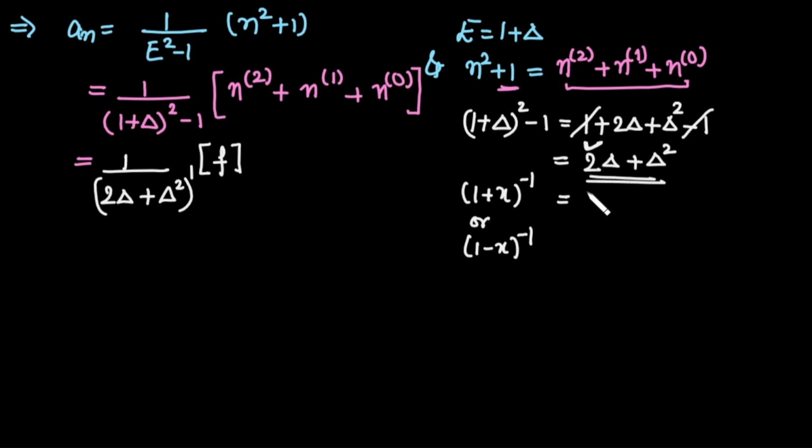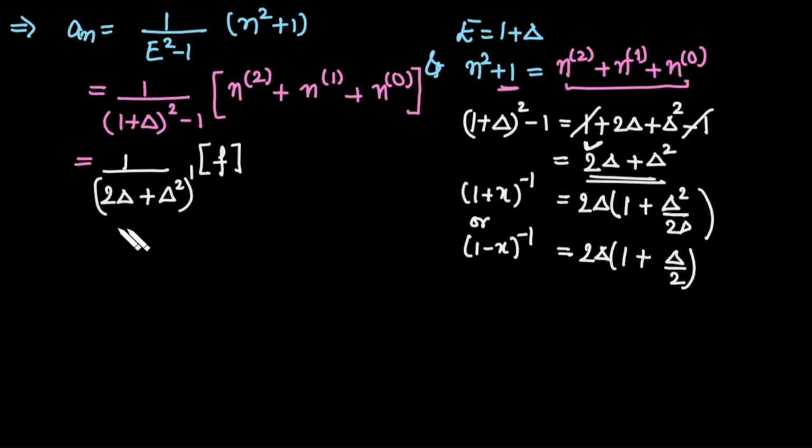But right now it is positive, so we can write 2 delta outside, (1 plus delta square by 2 delta). This is equal to 2 delta (1 plus delta by 2). So in place of this, we can write this. So we have in this case 1 upon 2 delta (1 plus delta by 2) into this function as it is.